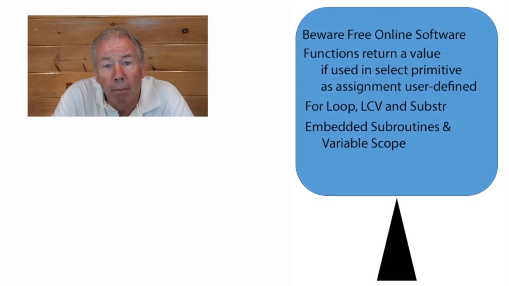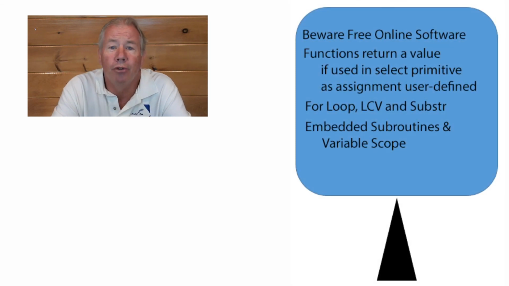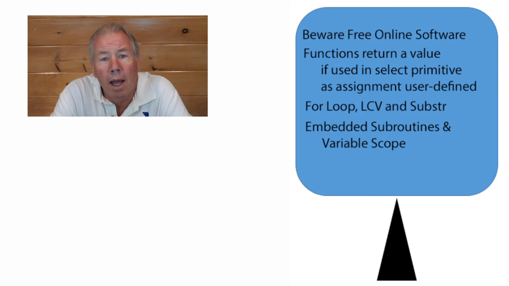Finally, we learned about embedded subroutines as well as managing the scope of variables between the parent and the embedded. Just remember that the scope of other variables declared within the parent declaration section are available to the embedded as well as the parent, whereas anything declared exclusively within the embedded is available only to the embedded.